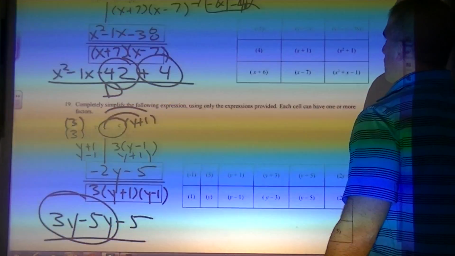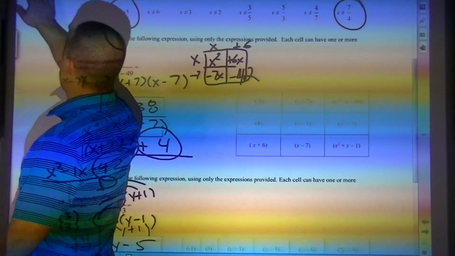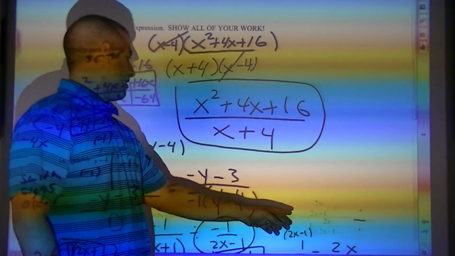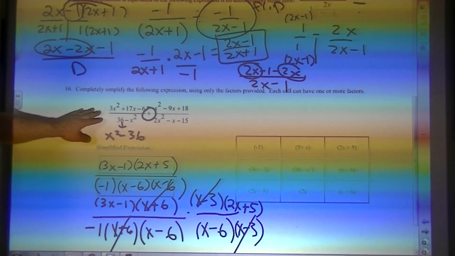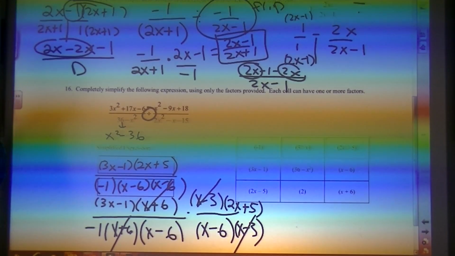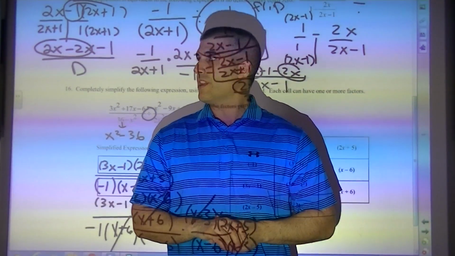Addition and subtraction, you have to get a common denominator. With multiplication and division, like problems like this, you got to just reduce, flip, and eliminate. Make sure you practice it. This kind of stuff just takes some drill, and you should do very well.